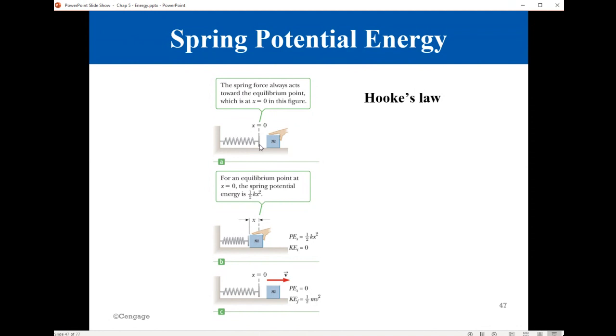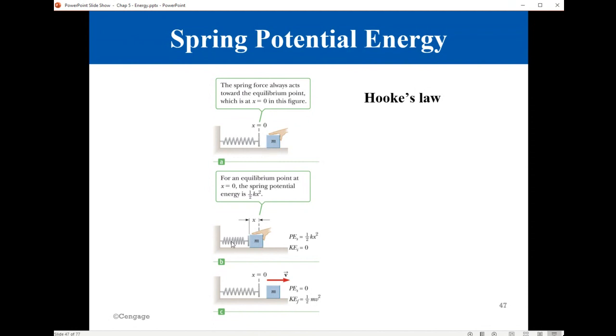Now, if you act on this spring by a force here, as you can see, there is a compression by X. You are storing energy. You are doing work.